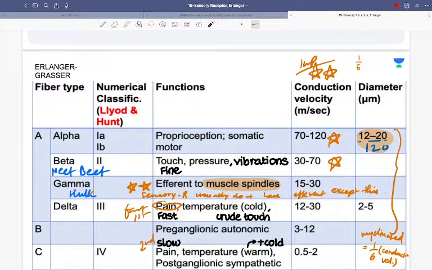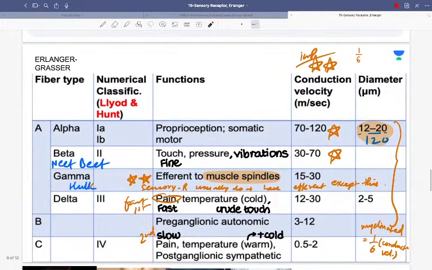Preganglionic autonomic is important. Now this particular table was one of the questions in JIPMER also. So postganglionic sympathetic, preganglionic sympathetic. This is fast, this is crude. Efferent muscle spindle.